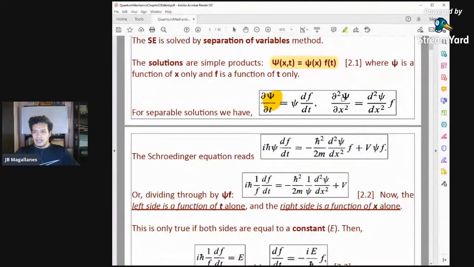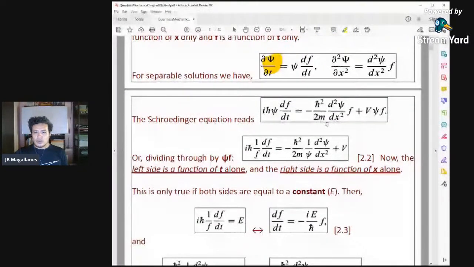And our second partial derivative of psi with respect to x is equal to this one also. Since phi is only a function of space, we cannot take the derivative with respect to space of f.